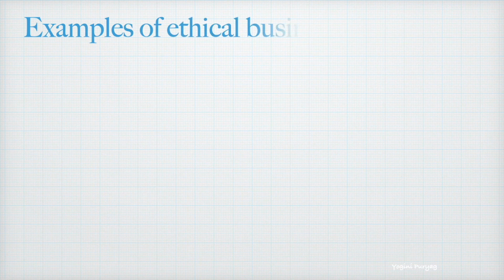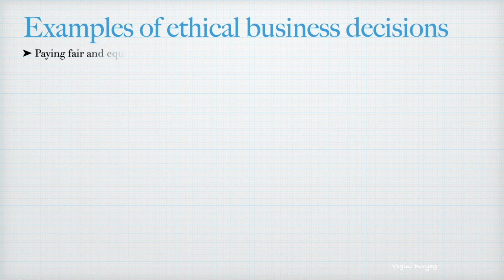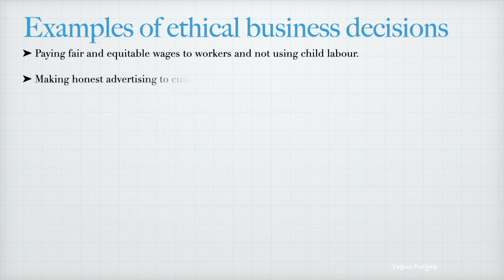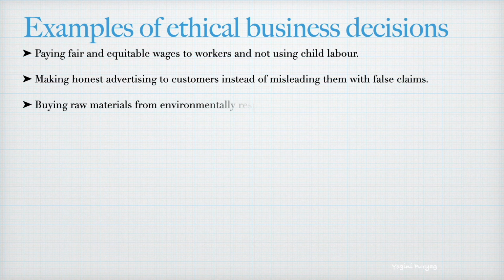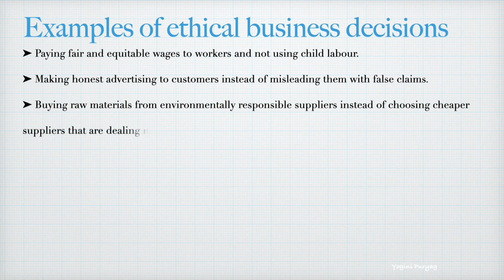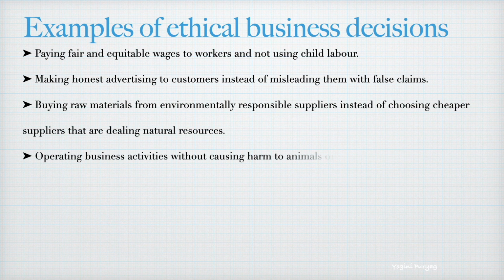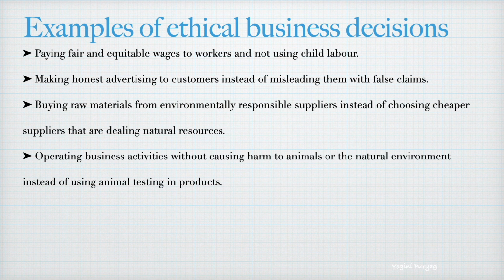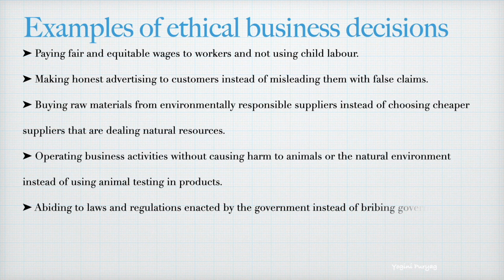Examples of ethical business decisions: paying fair and equitable wages to workers and not using child labor, making honest advertising to customers instead of misleading them with false claims, buying raw materials from environmentally responsible suppliers instead of choosing cheaper suppliers that are depleting natural resources, operating business activities without causing harm to animals or the natural environment instead of using animal testing in products, and abiding by laws and regulations enacted by the government instead of bribing government officials to secure operating licenses.